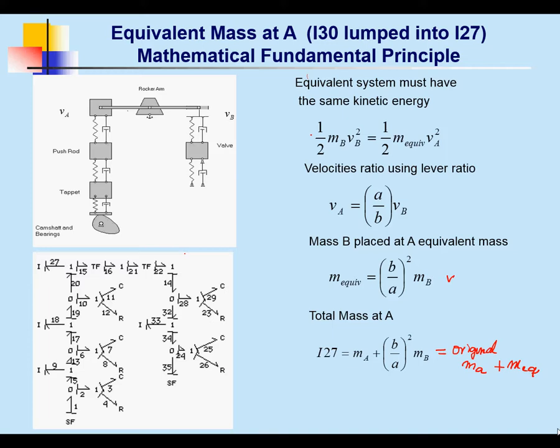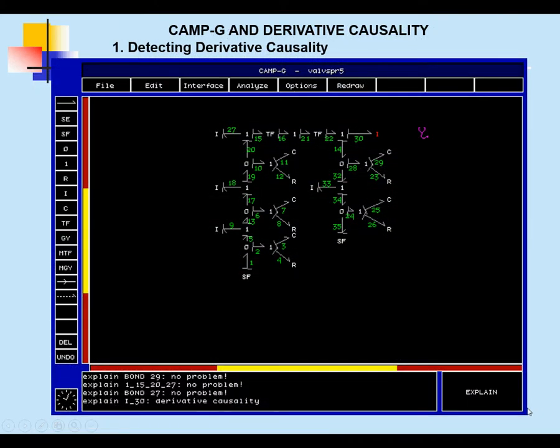And by adding these two, we have done what many authors do: combine the inertia elements into one. You see, if we put the first one in the CAMG software, do you see what's happening? The computer flags us down. This is derivative form.